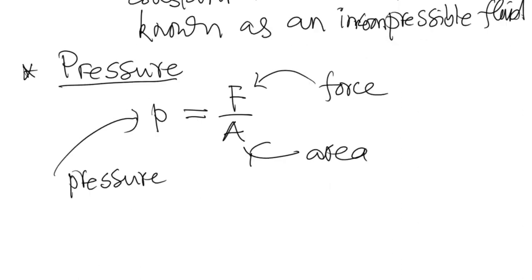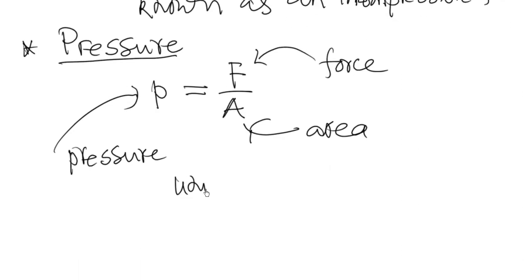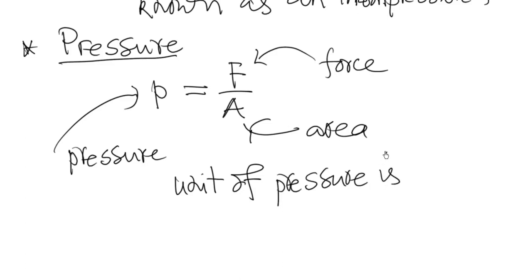The unit of pressure is Pascal. The force is Newton, and area is meter square, so Newton per meter square. So this unit is known as 1 Pascal.